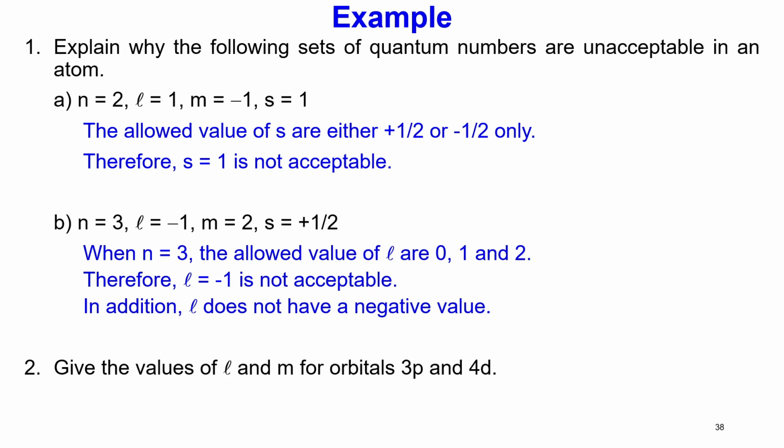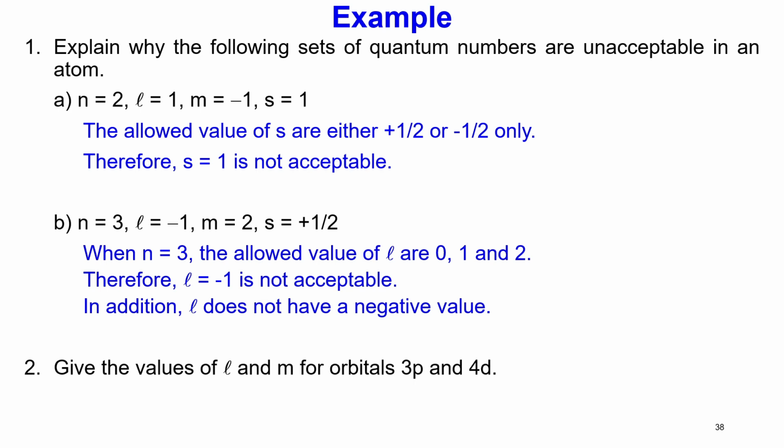Okay, sebab apa? L dia mesti bermula daripada 0, 1 and 2. L tak boleh mula daripada negatif. Okay, tapi kalau magnetic boleh. Tapi magnetic bolehlah di sini, magnetic dia letak 2. Okay, so bila nilai L tak boleh, thus untuk magnetic quantum number ini tidak boleh. Okay, set of quantum number ini tidak diterima B.